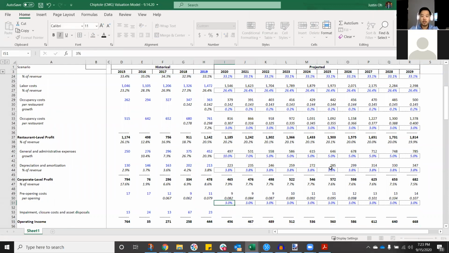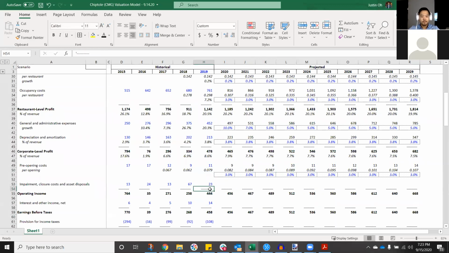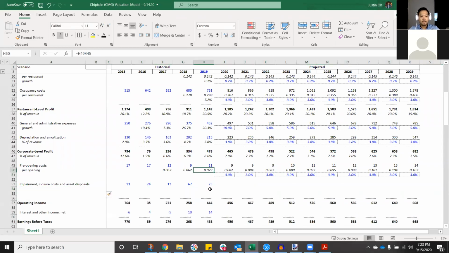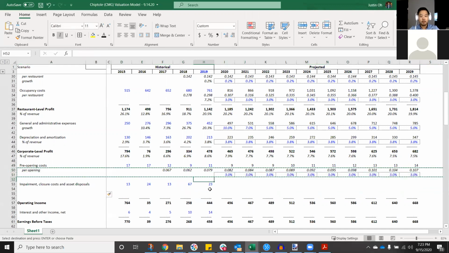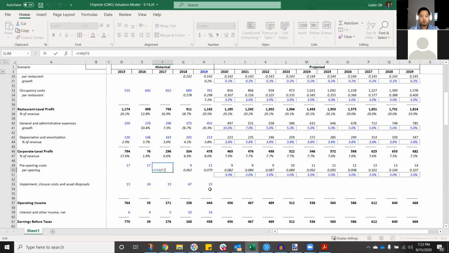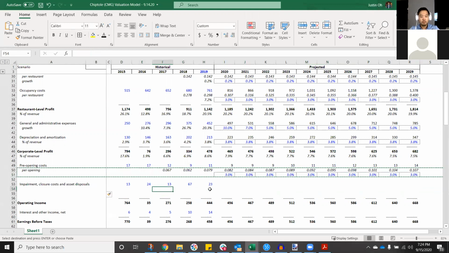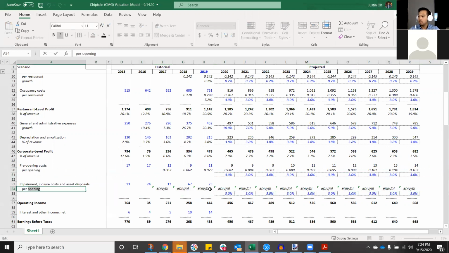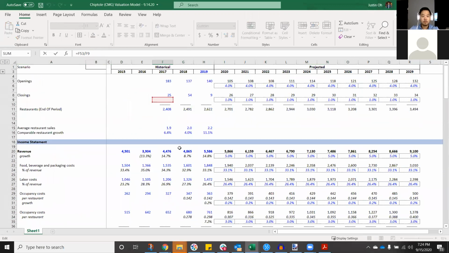And let's assume, given all the money printing, we're going to see 3% inflation going forward. Okay, cool. And then kind of the same thing, per closing.